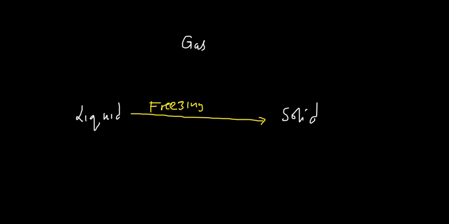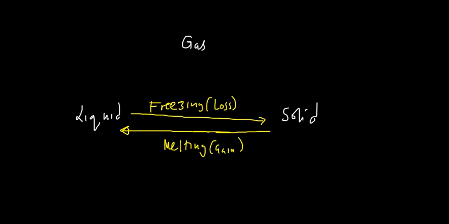When you get ice, you put it in sunlight, it will change and become water back, and that is known as melting. So for freezing to happen, there is a loss of heat. For something to melt, there is a gain of heat. That's why you need to put it in light so that it can gain energy.